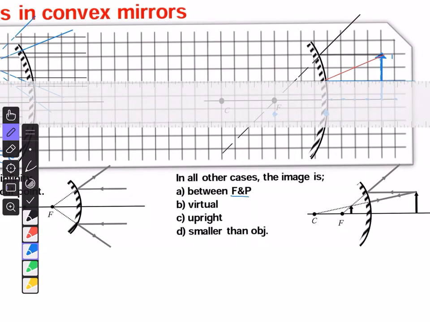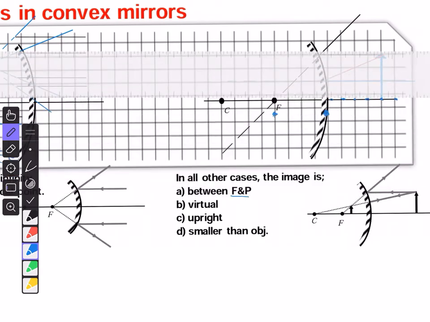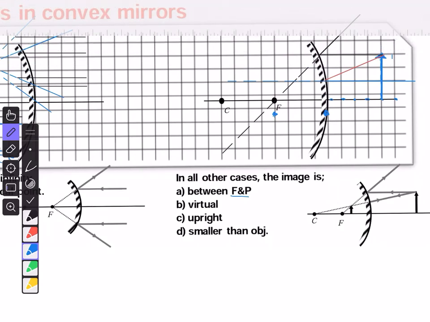That's it. But if I draw an imaginary line, or if I elongate this line, I will be able to see the intersection point, guys. Look, now I can see the intersection point is occurring between the focal point and the pole.